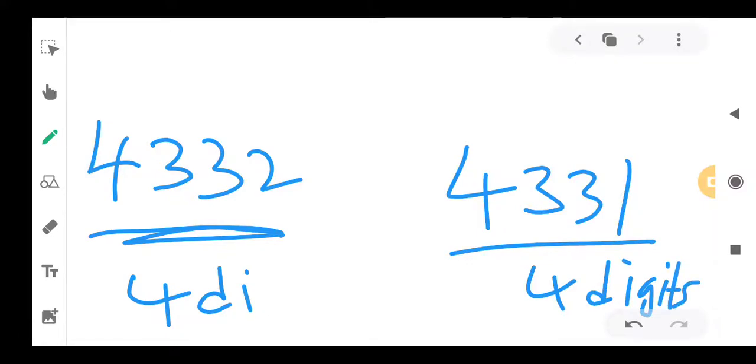So how to compare these two? First of all we have to go from the left side. In the left side there is the number 4 here, and this side also has 4. So these are the same numbers, these are equal.